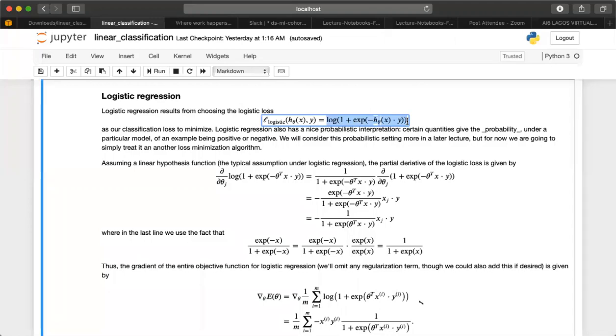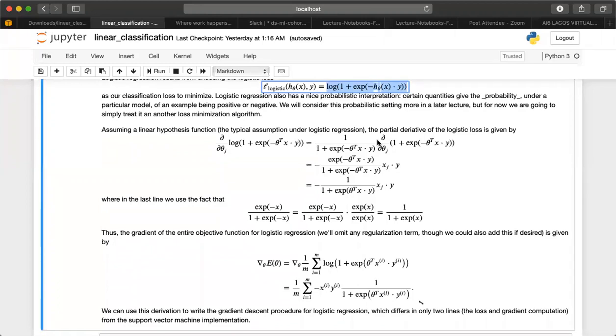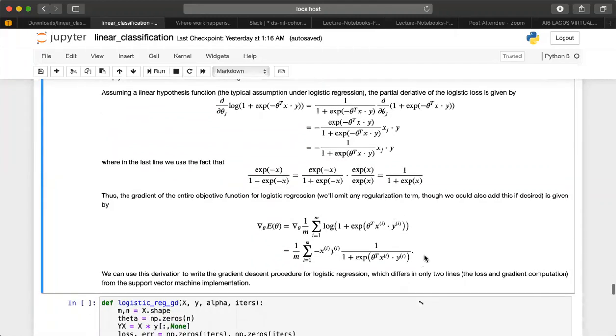We want to be able to find the gradient out of it, and that leads us into mathematics. After all the mathematics, you can go into more details on your own if you want to, this is what we come out with as our gradient.